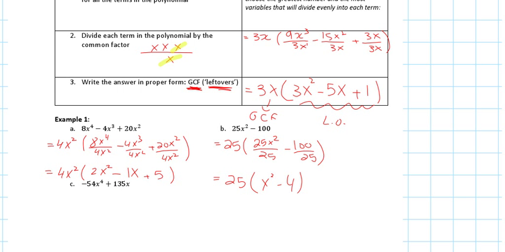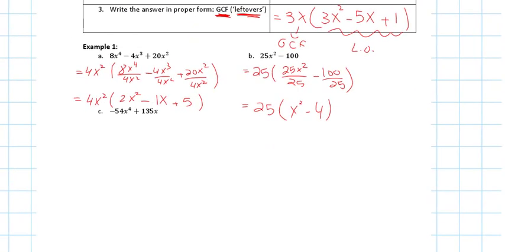Is that your greatest? So let's see. Don't write this down yet. I'm just going to write this. If you think it's 3, and you want to factor 3 out, if you divide this by 3, what do you get? What's 54 divided by 3? 18. And what's 135 divided by 3?